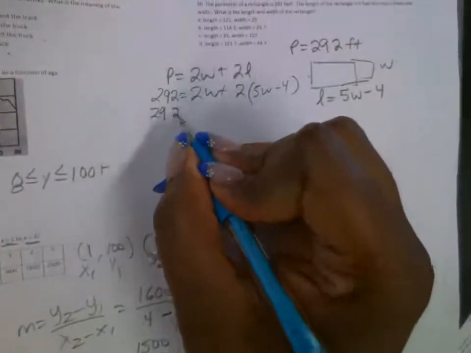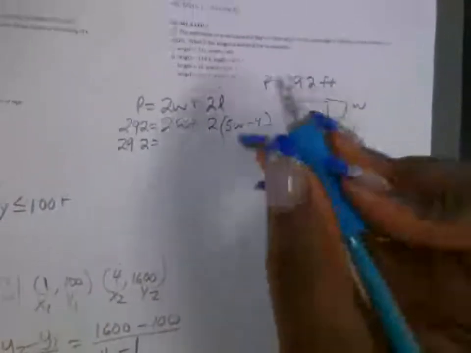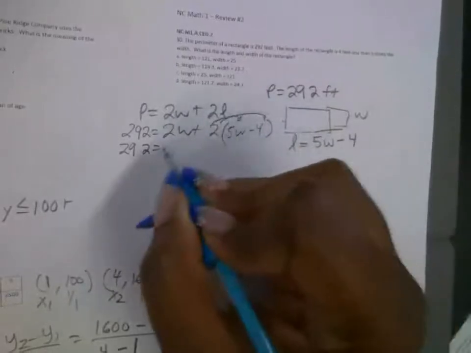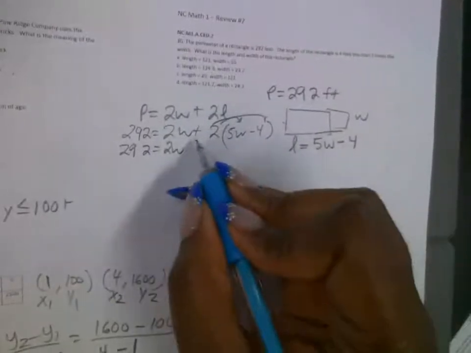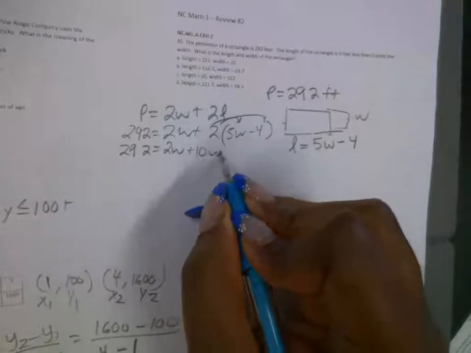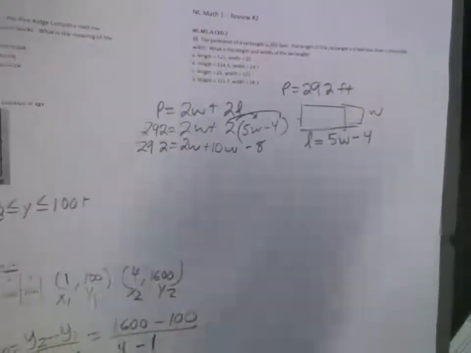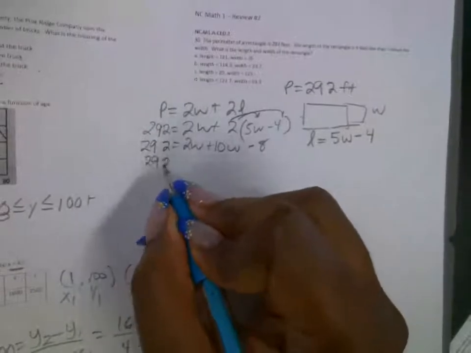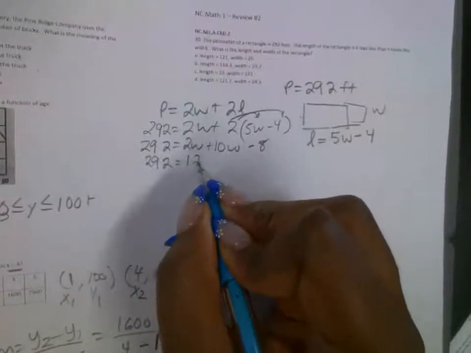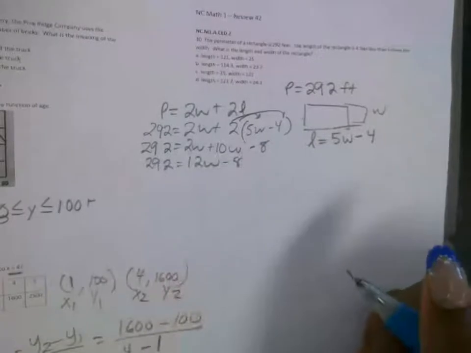So here, when I do this, I use the distributive property first. Let's just bring down 2W. This gives me 10W. This gives me minus 8. Combine like terms. This gives me 12W minus 8. Okay?